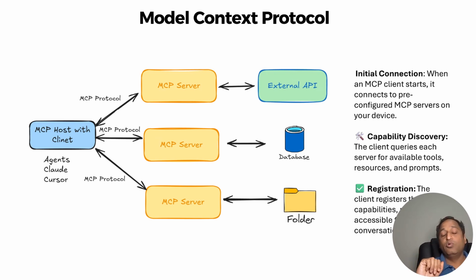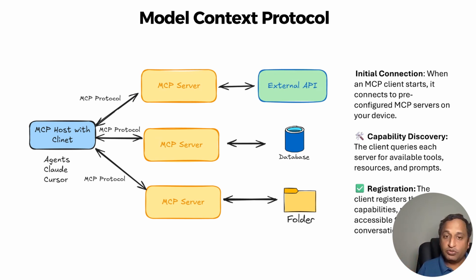Now, depending upon the user question, if we ask it to book a flight, the agent knows that the flight details are in MCP server 1, which has a tool called flight API tool, and it needs to invoke that tool to get the flight details.